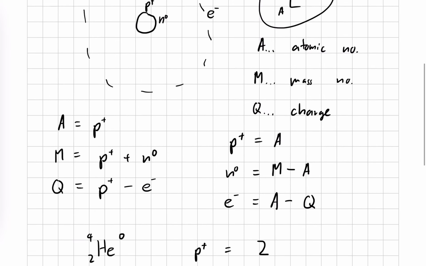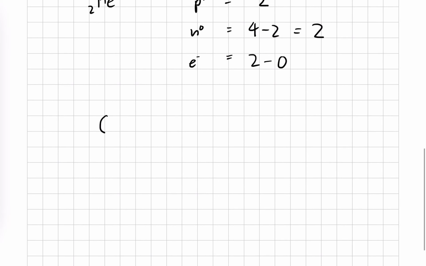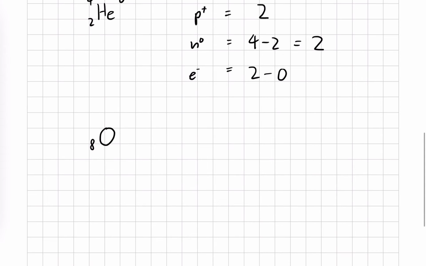Let's say we have oxygen 8, 16 with a charge of 2 minus. So now my question is, what is the number of protons, what is the number of neutrons, and what is the number of electrons?